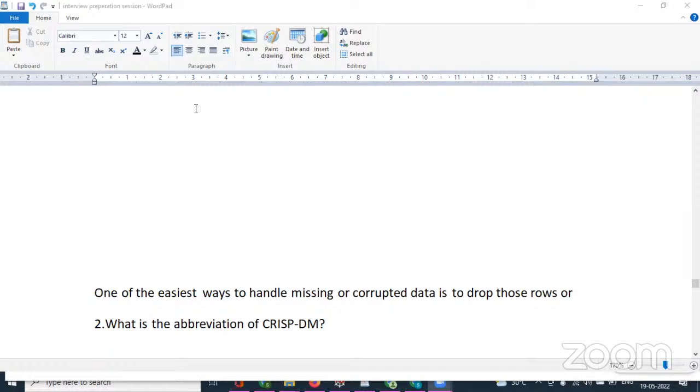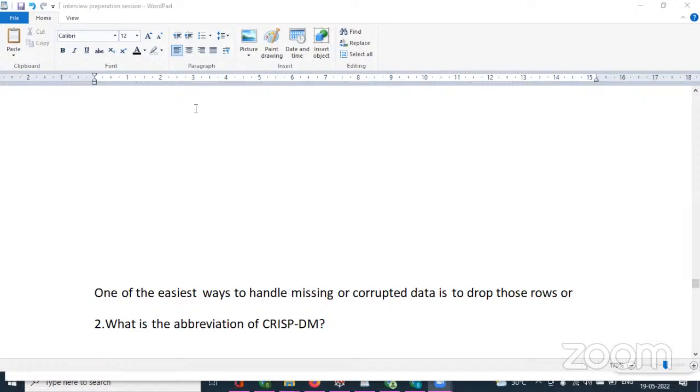Yes, Kiran, we will be replacing with the mean values. It depends on the data frame and what kind of data you have. What is the abbreviation of CRISP-DM? Please try to answer in the live comment session.